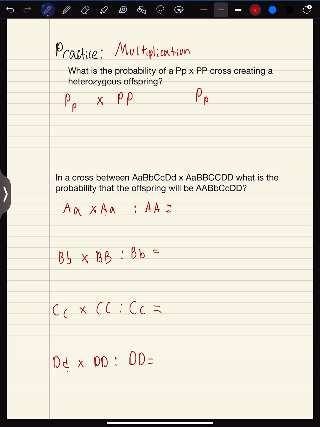So this has a 1 out of 2 chance of giving a little p, and this has a 1 out of 1 chance of giving the big P. So our total chance would be 1 out of 2. And if we do a Punnett square, we can quickly see this.